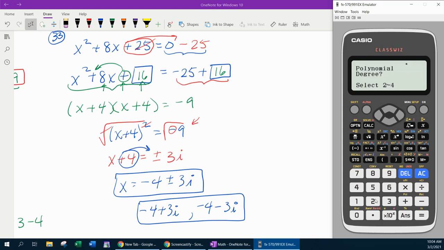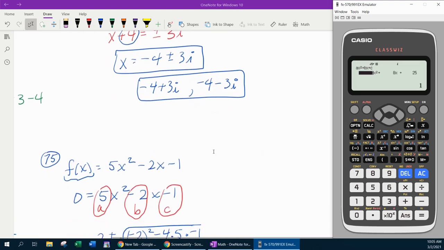Remember, we're doing polynomials of degree 2, and the value for a here is 1, b is 8, c is 25, and then if I hit equals, look at that. -4 plus 3i. If I hit equals again, -4 minus 3i. So the Casio ClassWiz is going to give us complex solutions.